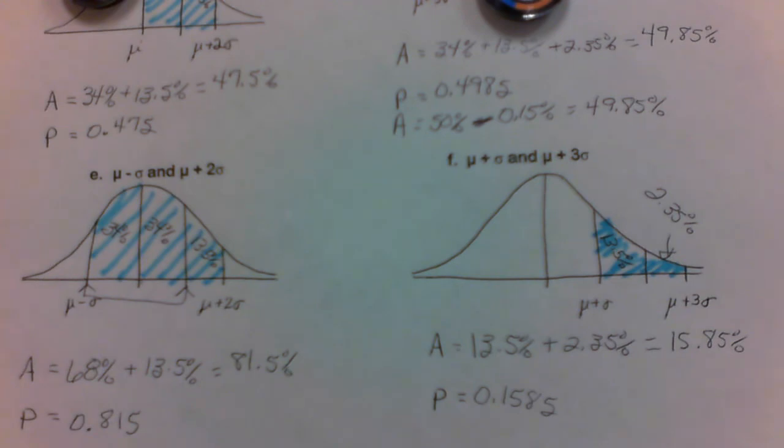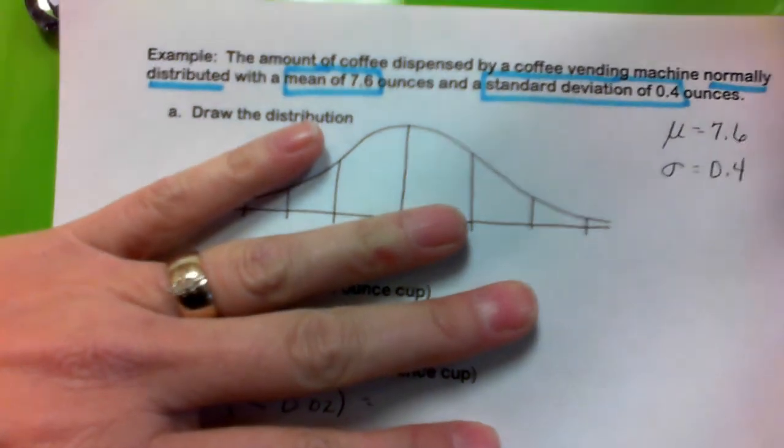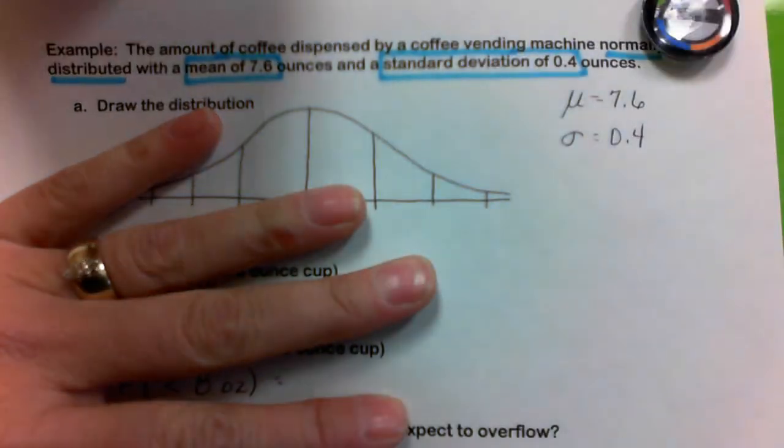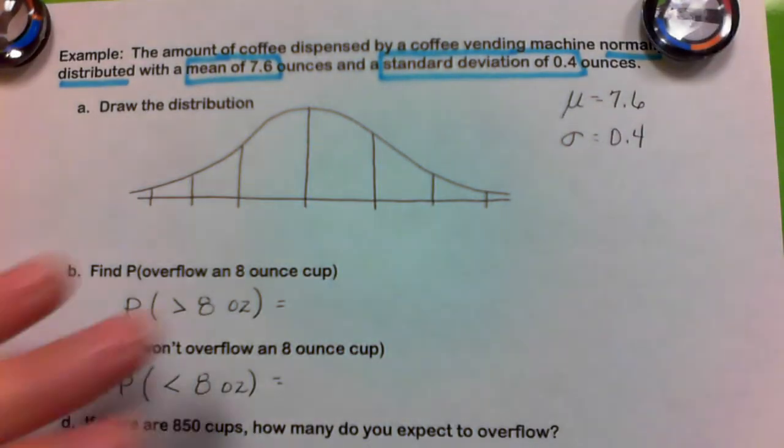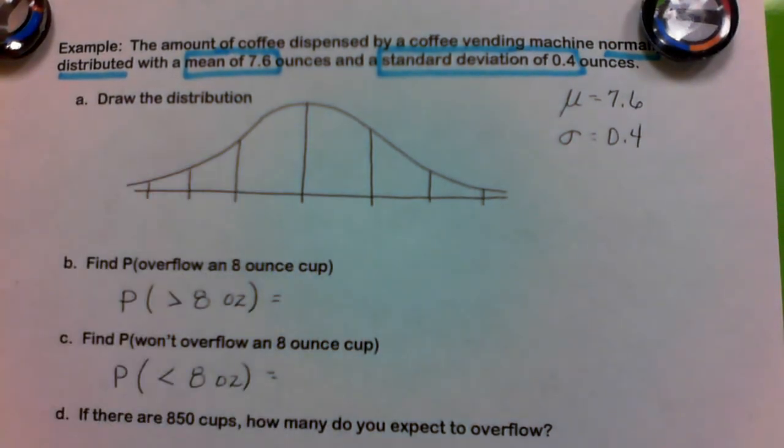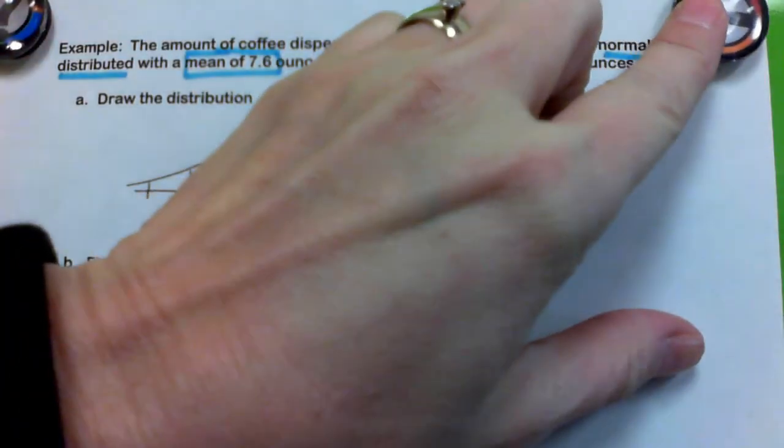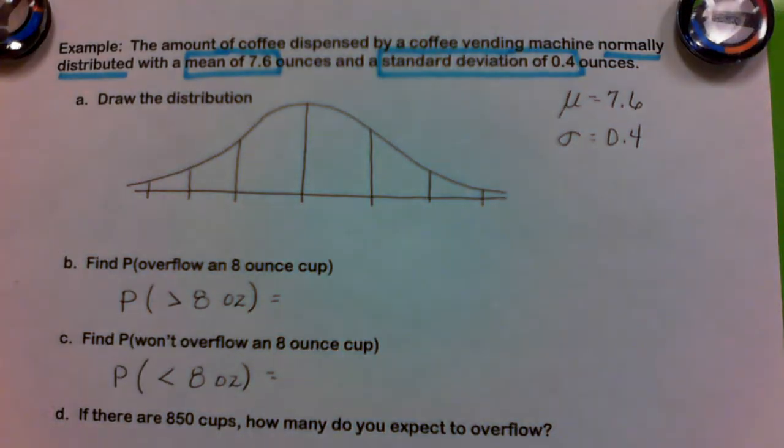Now what we're going to do is look at a problem which takes that information and applies it to a particular life application type problem, which is our ultimate goal, to be able to apply this information. All right, the problem reads, the amount of coffee dispensed by a coffee vending machine is normally distributed.